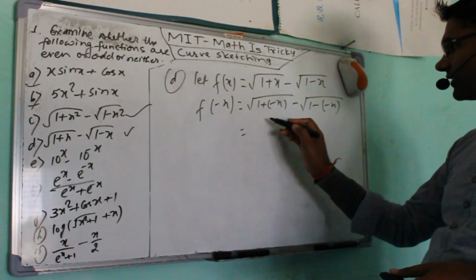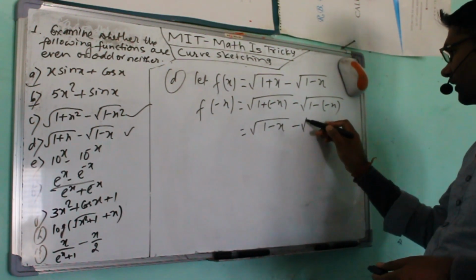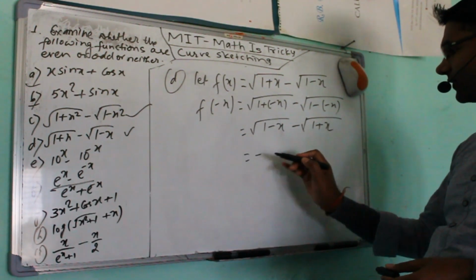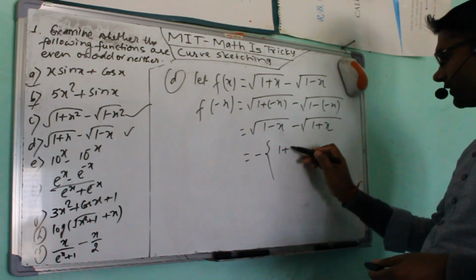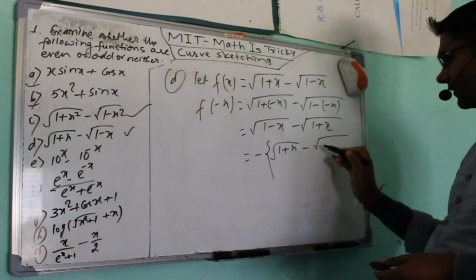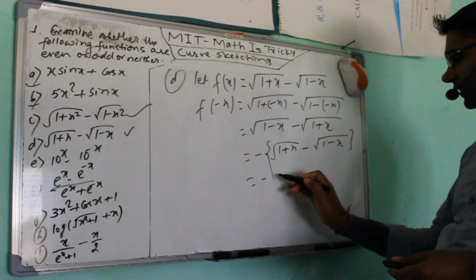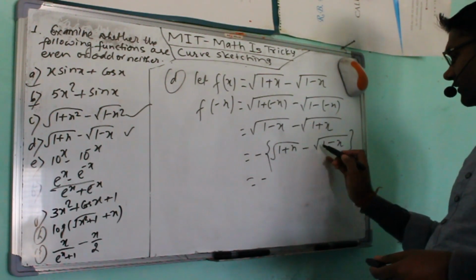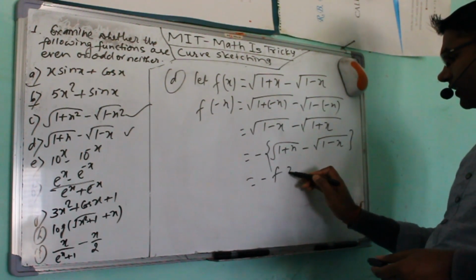So it gives square root of 1 minus x minus square root of 1 plus x, and if we take minus common, we get minus of square root of 1 plus x minus square root of 1 minus x, which is f of x.